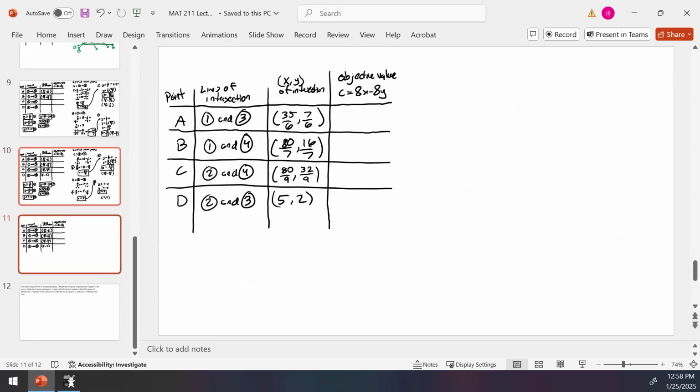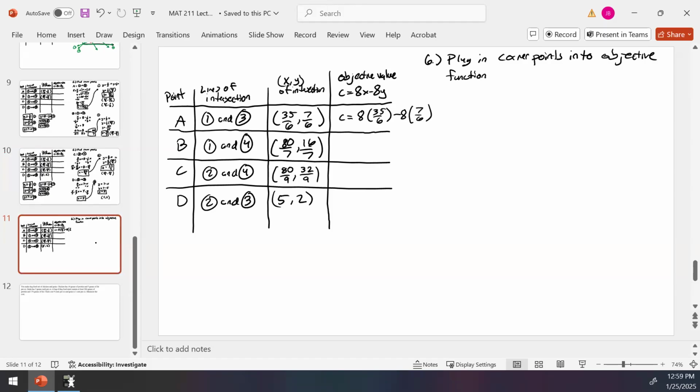So step number, in this case, it would be step 6. Plug in corner points into objective function. So we get C is equal to 8 times 35 over 6 minus 8 times 7 over 6.